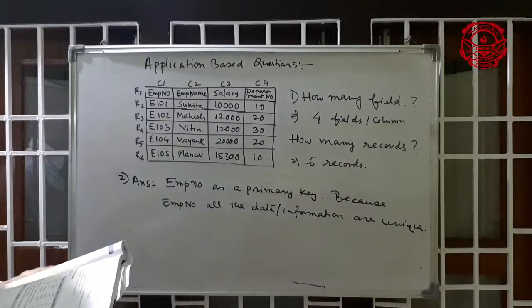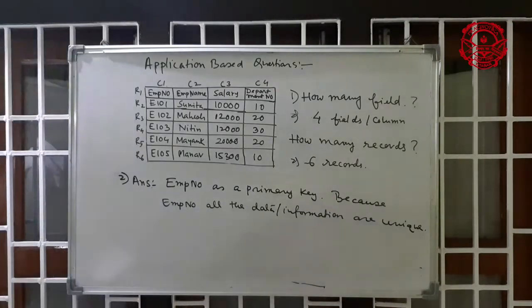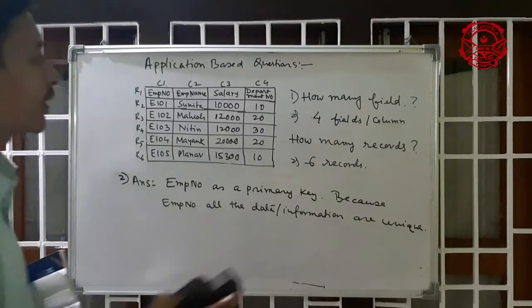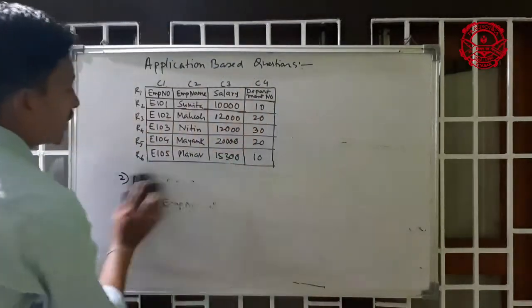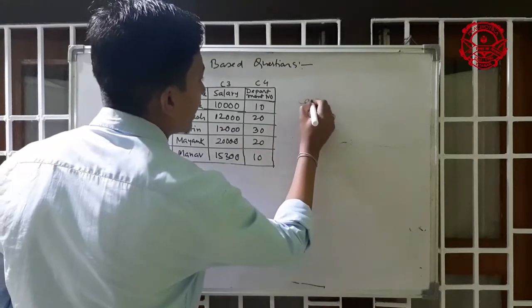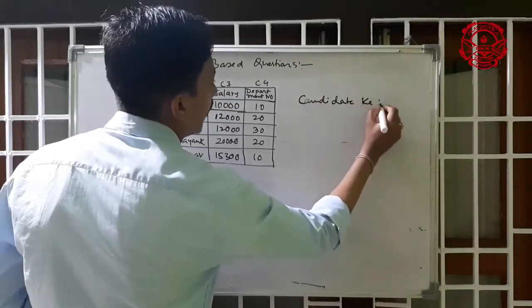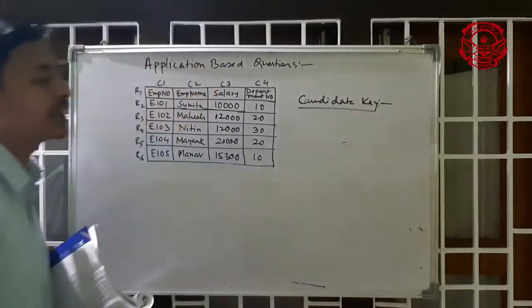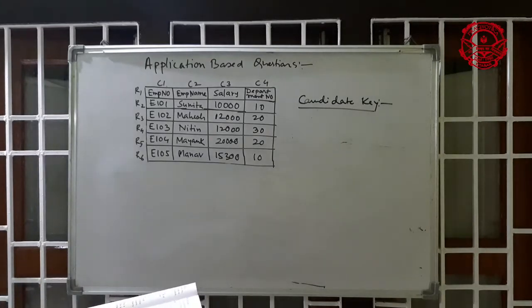Now, number 3, that is, name the candidate keys and alternate key. First, you have to know what a candidate key is. What is a candidate key? A field or a group of fields that can be used as a primary key of the table is called a candidate key.